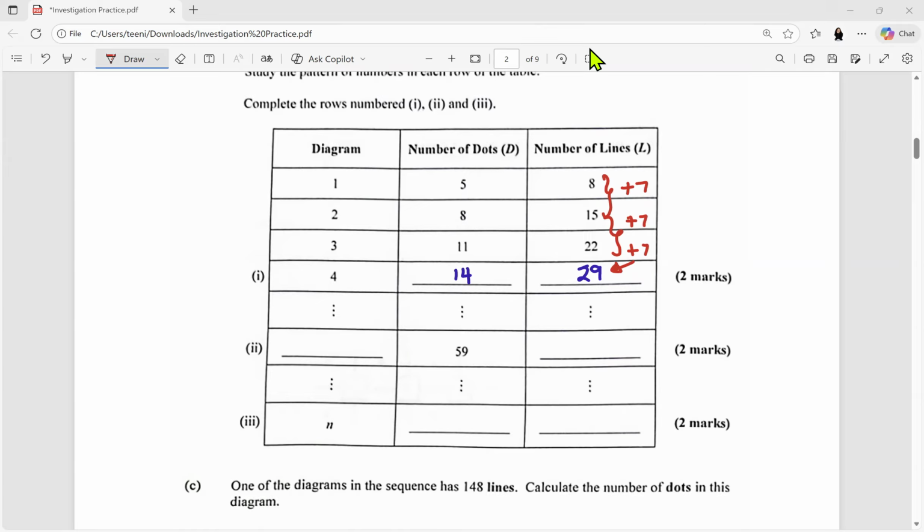Now, there are some students who will just keep adding 3 until they get 59. Don't be a student like that, right? Unless you're really, really confused and you don't know what else to do, then I guess you could do that. But that will take up way too much time for a question that is worth merely 2 marks. And this is question 7 in your paper.